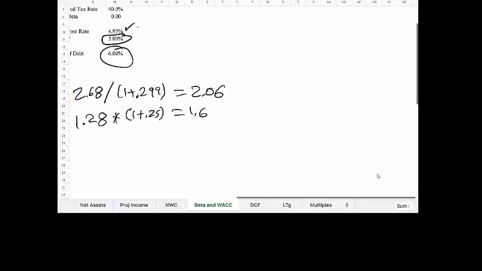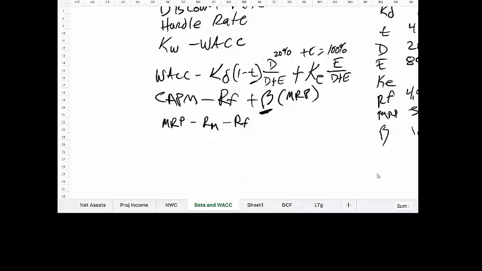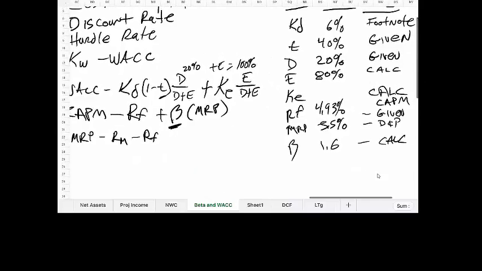Okay, so we can come back over here and plug in our beta of 1.6, which was calculated by levering and unlevering beta. Now we can plug these values into our CAPM formula. We have a risk-free rate of 4.93%, and we're going to add that to our beta times our market risk premium, which is going to be 5%.